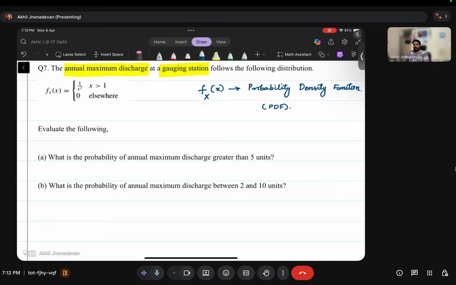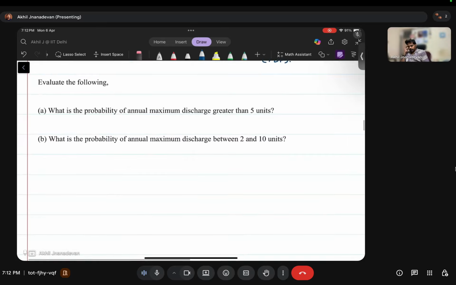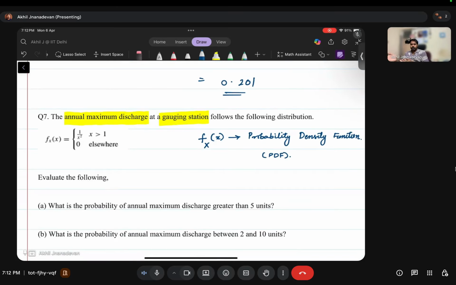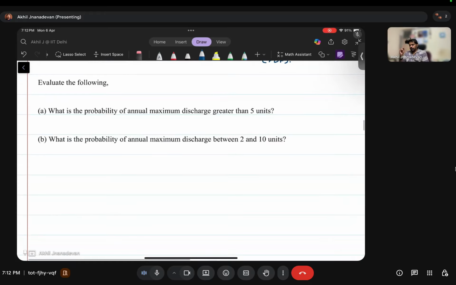Earlier it was PMF, probability mass function for the discrete case. Now we are dealing with PDF, that is probability density function. Okay, the question is the distribution of the maximum annual discharge is given at a given station. Evaluate the probability of maximum annual discharge greater than 5 units and probability of maximum annual discharge between 2 and 10 units. So these are straightforward questions.